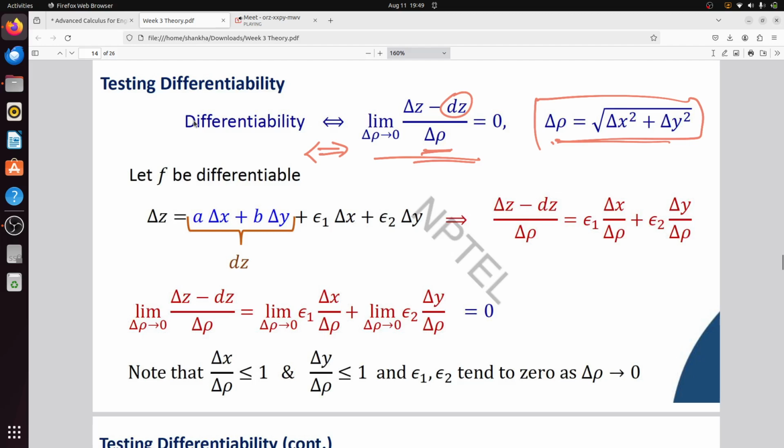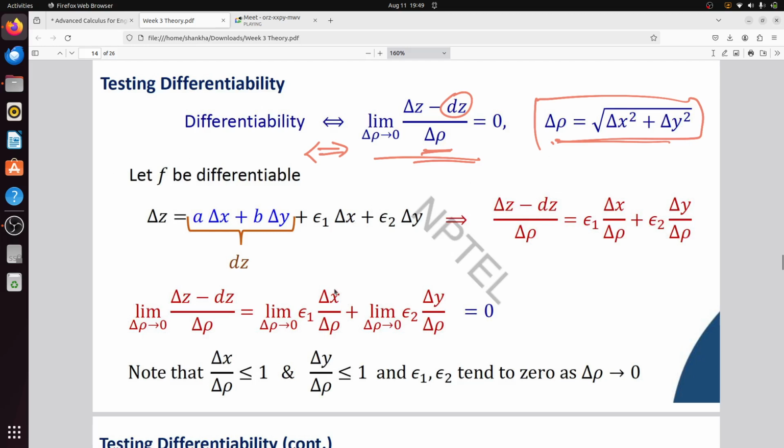So to test differentiability, you write delta z, the increment, and dz, the total differential. You subtract the total differential from the increment and divide by delta rho, where delta rho is the square root of delta x whole square plus delta y whole square. This test acts as a test for differentiability.